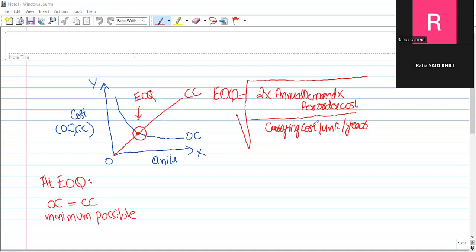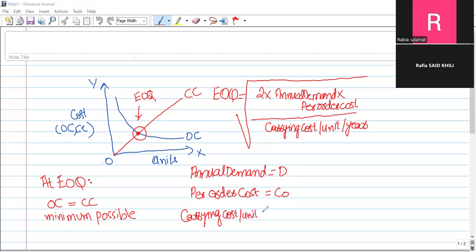Okay, this is the formula. If I show annual demand with D, per order cost with CO, and carrying cost per unit per year with CH, the formula becomes EOQ equals the square root of 2 into D into CO divided by CH.